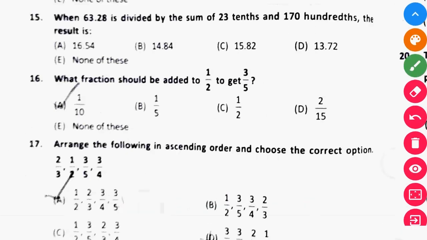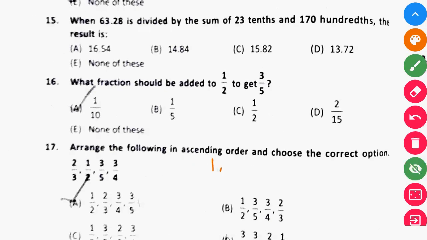Now see, these given fractions are not like or unlike fractions. They are unlike ones because their numerator and denominator are different. For ascending and descending order, we learn one thing.